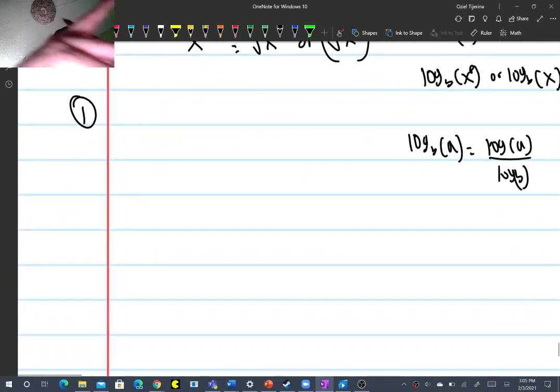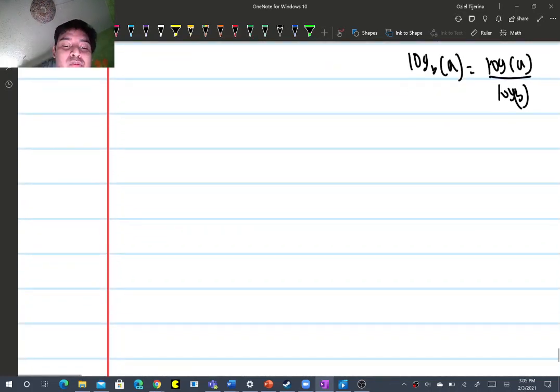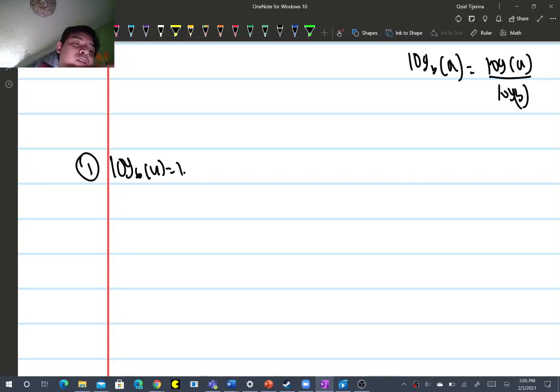Now, looking at the first logarithmic equation that we're going to do, these are pretty simple. I want to start off very slowly. So we have log base 6 of u equals 1. A few videos ago, I was explaining the properties of logarithms.